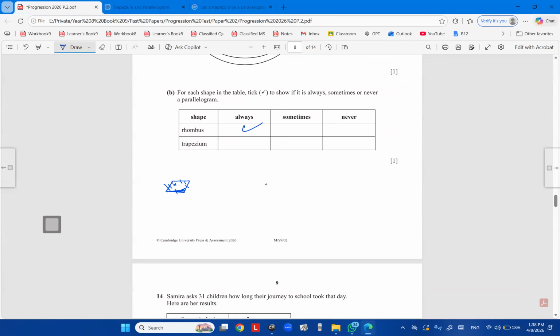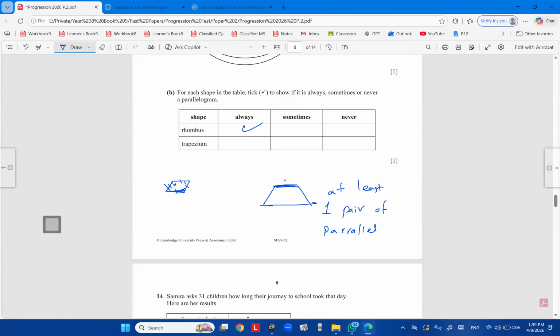A trapezium. Well, here it depends on the definition of trapezium. The definition of trapezium in Cambridge is a shape that has at least one pair of parallel sides. This is what Cambridge says. So there are two definitions for a trapezium.